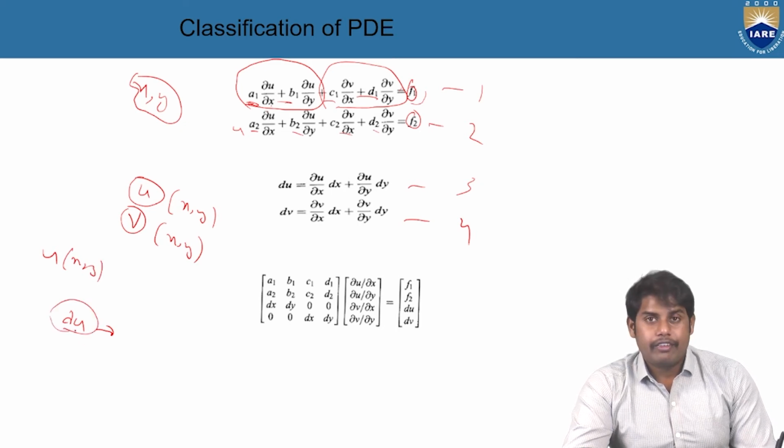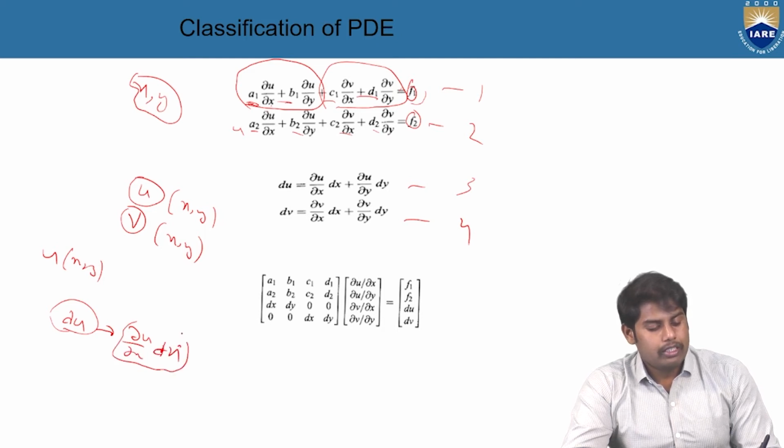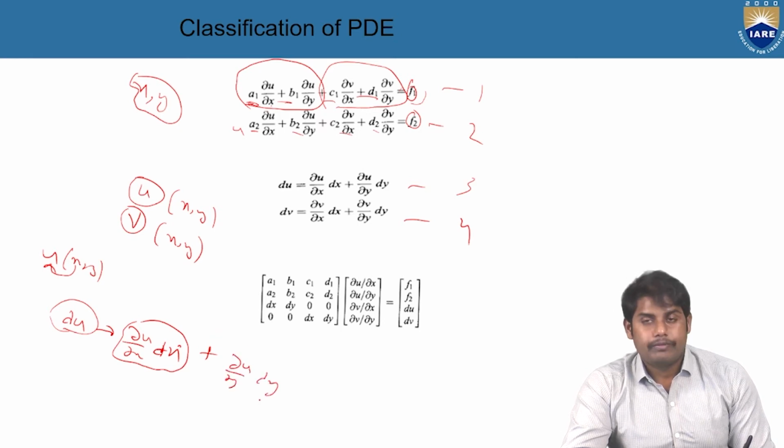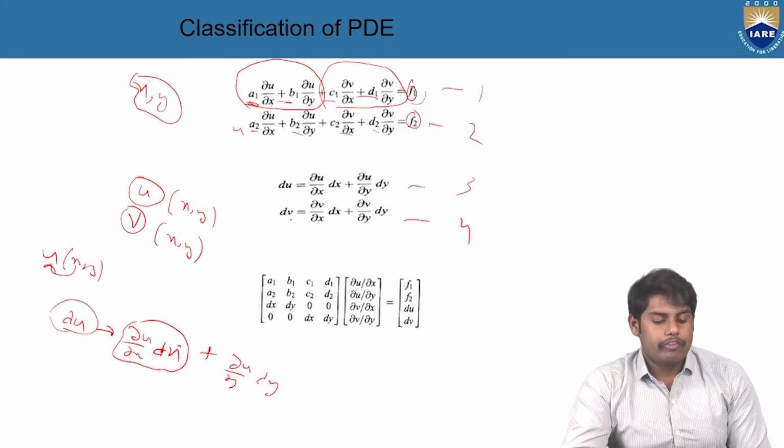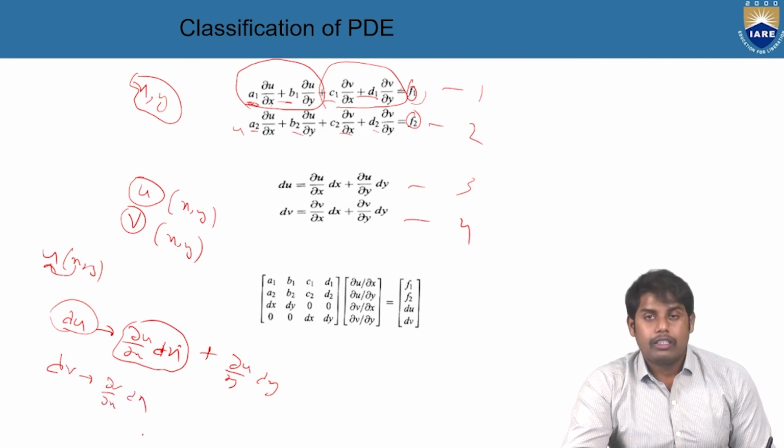So we can write this exact differential as two partial differentials: dou u by dou x into dx, which is how u changes with respect to x, plus dou u by dou y into dy, which is how u changes with respect to y. Similarly, the exact differential for the v velocity: dv is dou v by dou x into dx, the variation of v with respect to x, plus dou v by dou y into dy, the variation of v with respect to y. So these are the two additional equations we have.